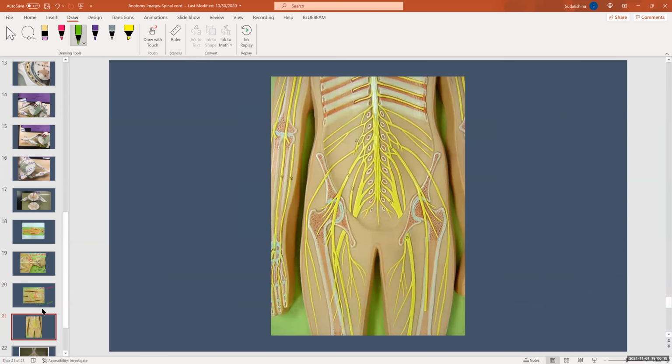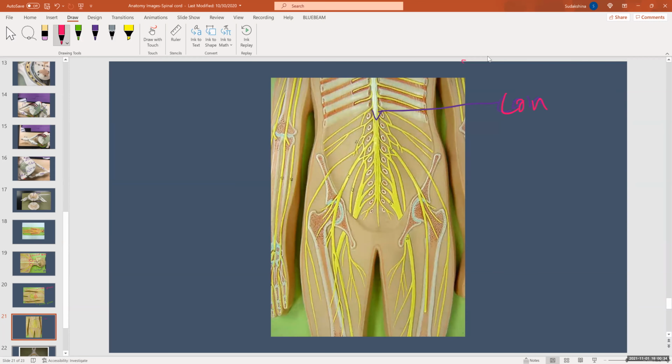Something else here. Spinal cord stops at the level of L1 or L2, as you can see right there, the end of the spinal cord. This end of the spinal cord, we refer to as conus medullaris.